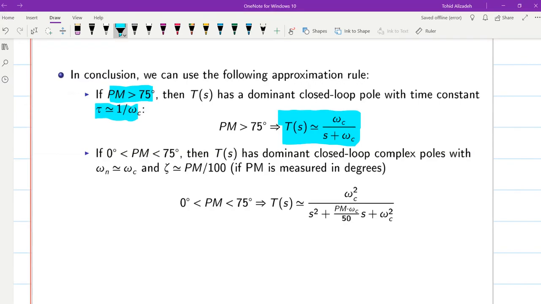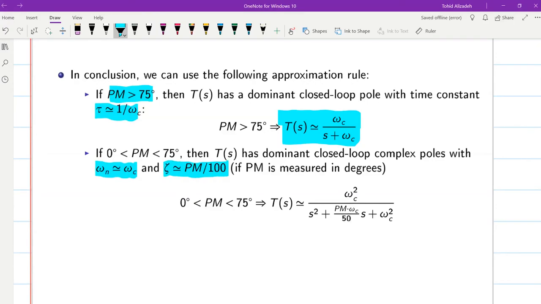Yeah? If the phase margin is between 0 and 75 degrees, then the closed loop system will behave like a second order system, for which omega n will be approximated as omega c and zeta will be approximated as phase margin over 100 if we measure the phase margin in degrees.